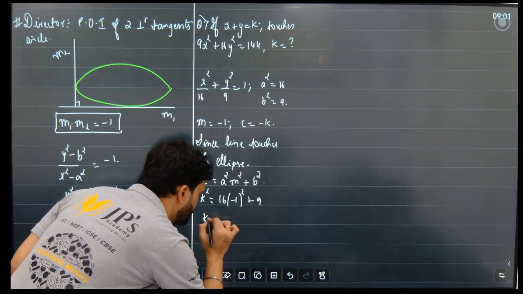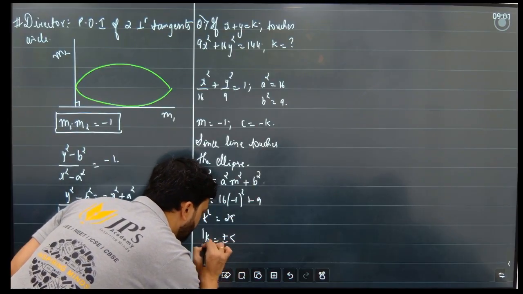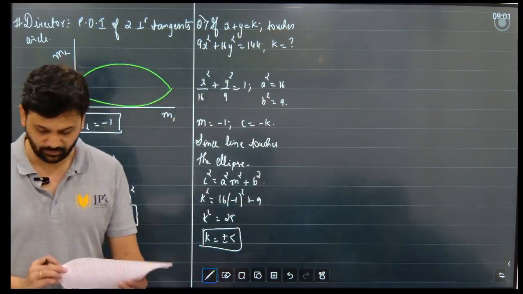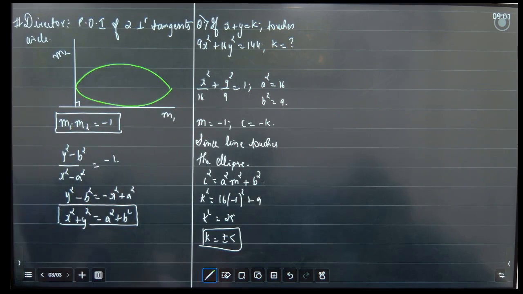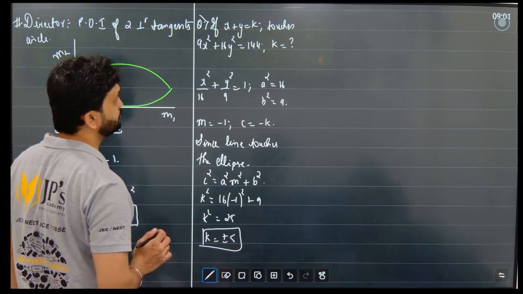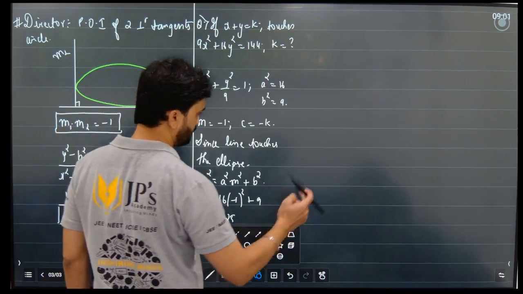So I'll get k square is equal to 25, k is equal to plus minus 5. So this is where the line will touch the ellipse, where c square is equal to a square m square plus b square.